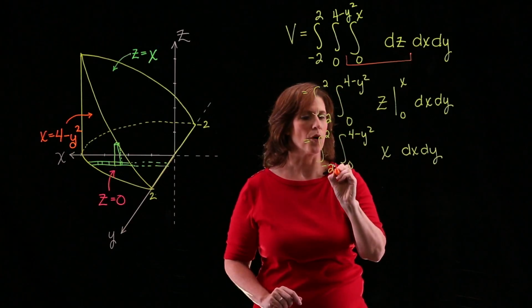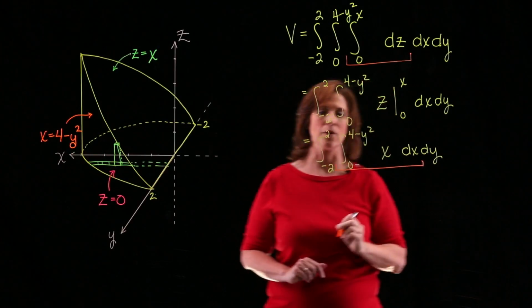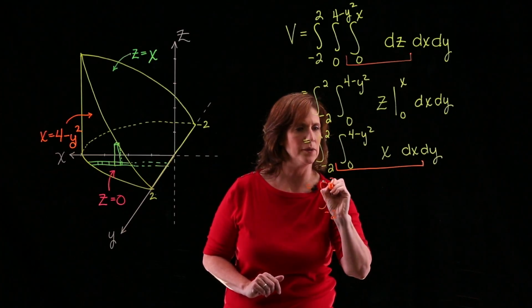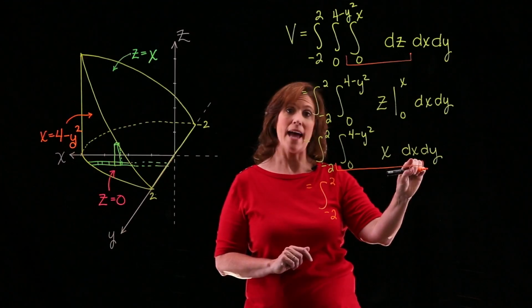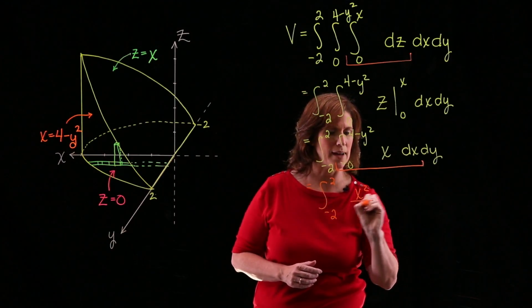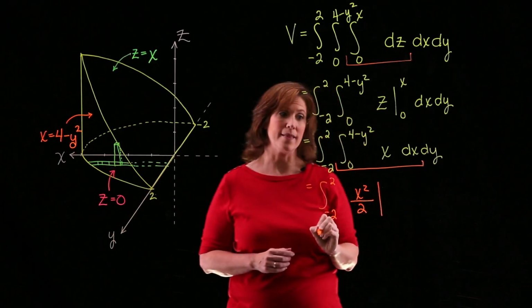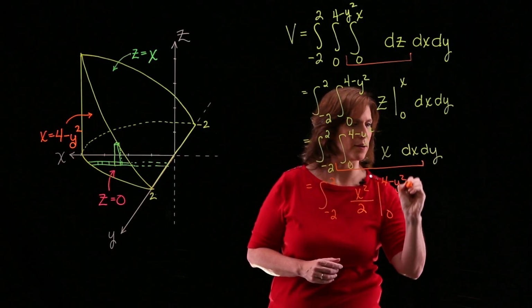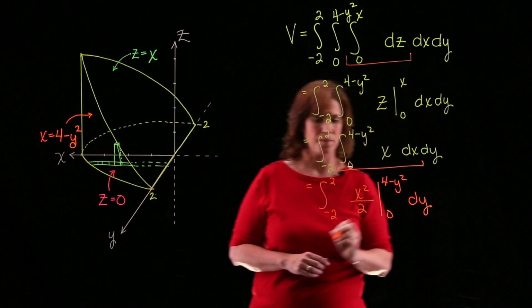Now I can work on the next integral. I'll still have the integral from negative 2 to 2, and I want to integrate x dx, which will be x squared divided by 2. I'll evaluate that from 0 to 4 minus y squared, dy.